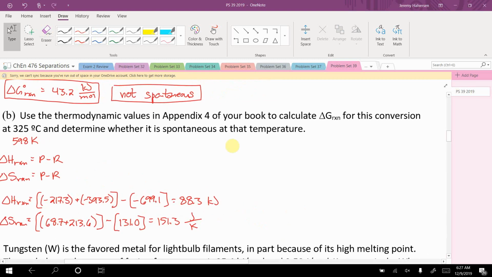So now I can use my delta G equation. And why don't I change my H to joules this time?